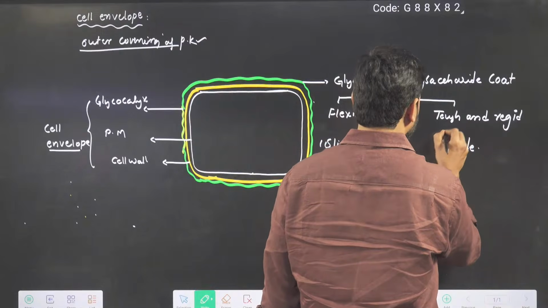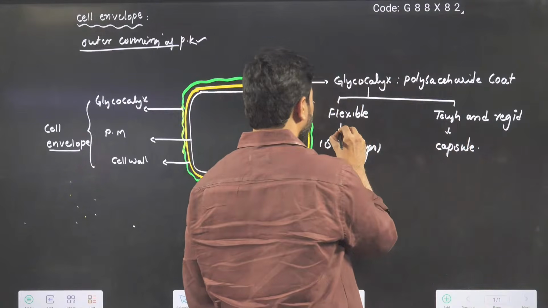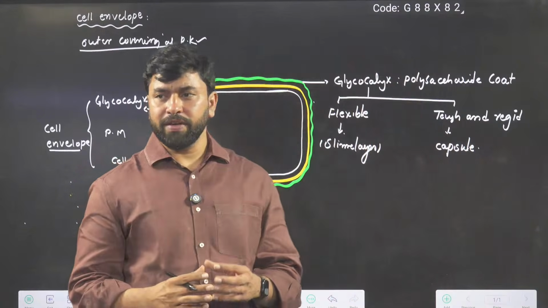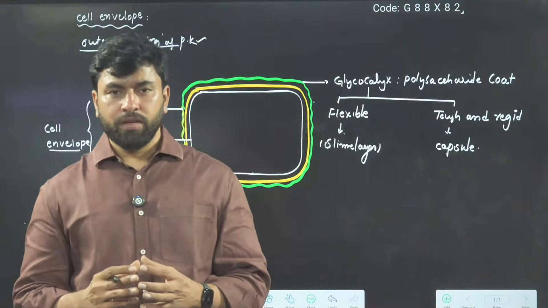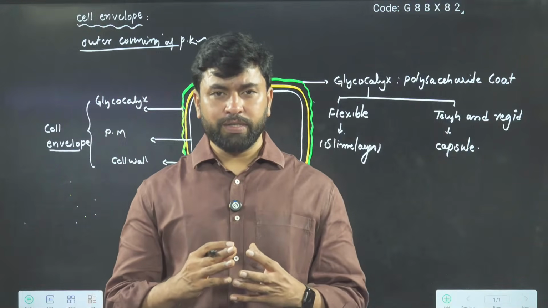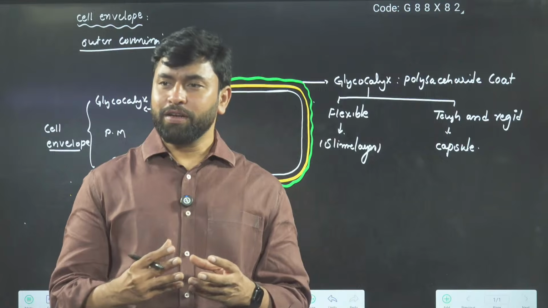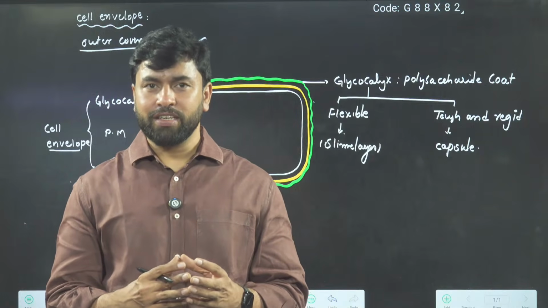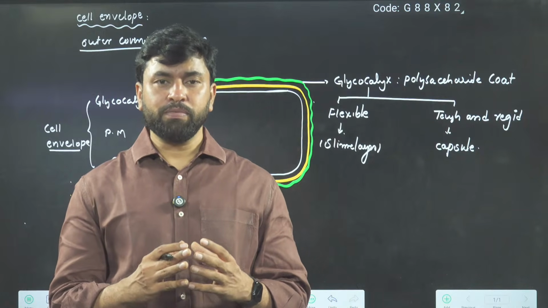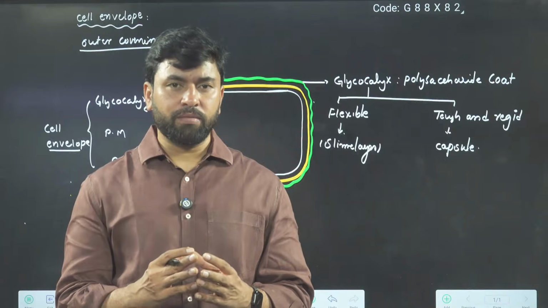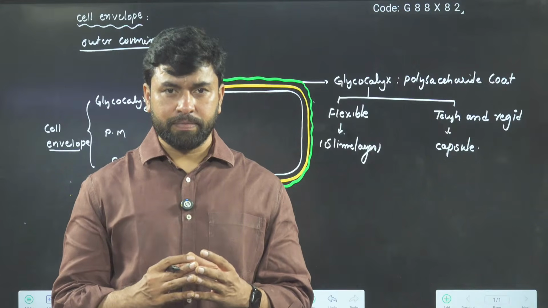Listen, these things we have come across in the molecular basis of inheritance. If you recall, when we were talking about molecular biology, the transformation principle discovered by Griffith was discussed.